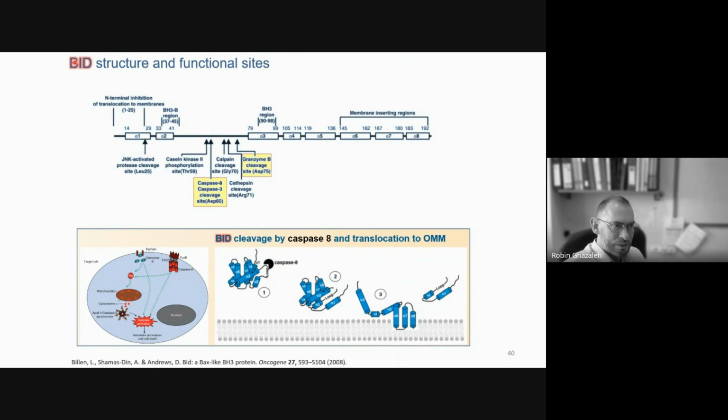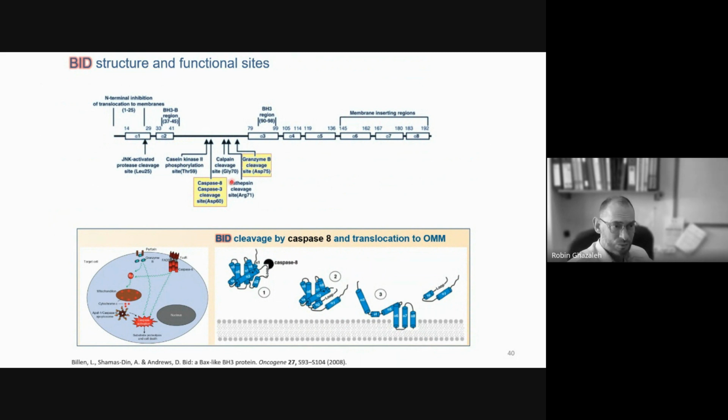Its name begins from these BH3 domains, which we're not going to talk about today. But we are going to talk about this big area in between here with no alpha helix, which is the target for many different regulatory enzymes. So there are phosphorylation targeting sites, but also all these cleavage sites.